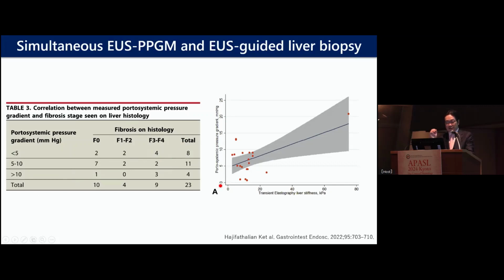However, they found EUS PPGM results correlated with percutaneous elastography. So still, we are not sure what the gold standard is to measure portal hypertension and its clinical outcomes.